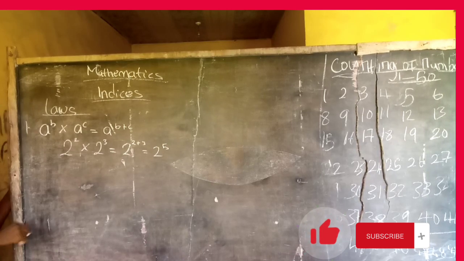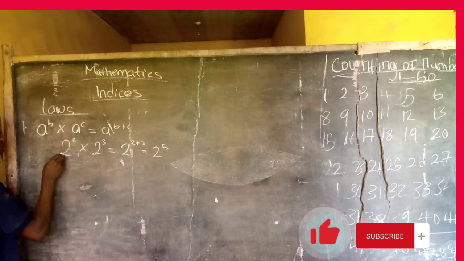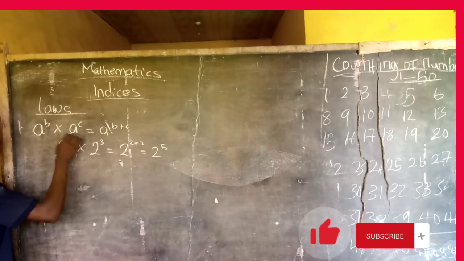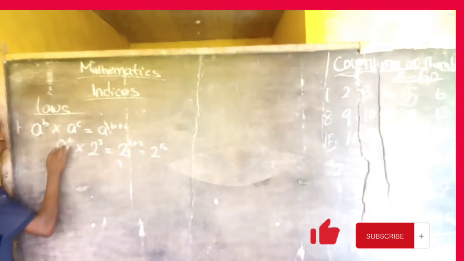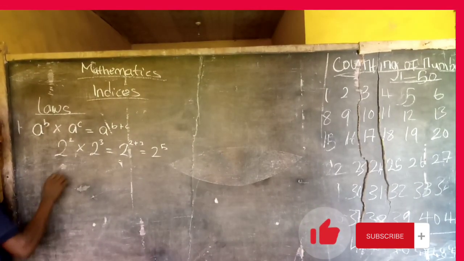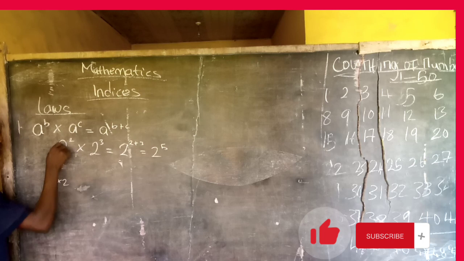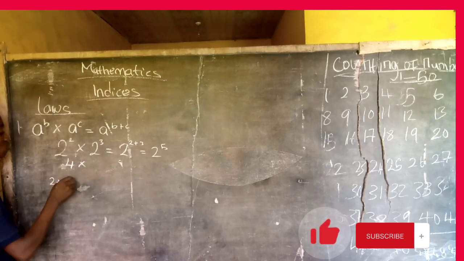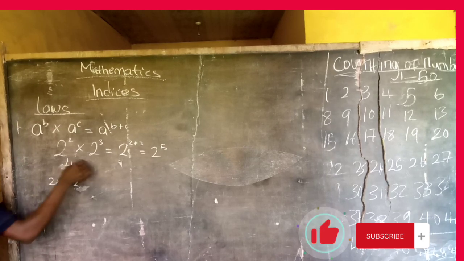Now let us check if this law is true. We represented a number in its index form. 2 to the power 2 means 2 multiplied by itself 2 times, which gives 4. So 2 to the power 2 is 4. Multiplied by 2 to the power 3, meaning 2 multiplied by itself 3 times, which is 8.